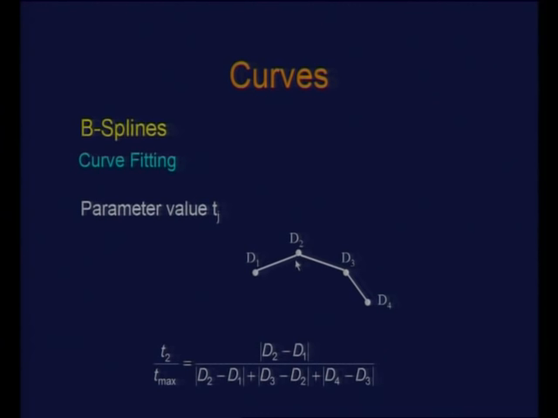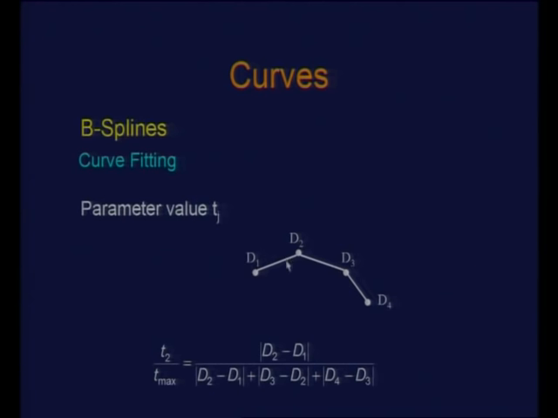What I am looking at is the ratio of t_2 to t max, which is the distance of D 2 from D 1, this chord length, to the total sum of the lengths of the chords.